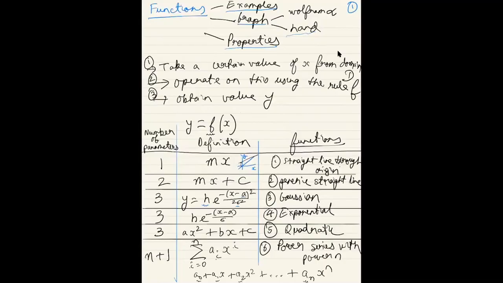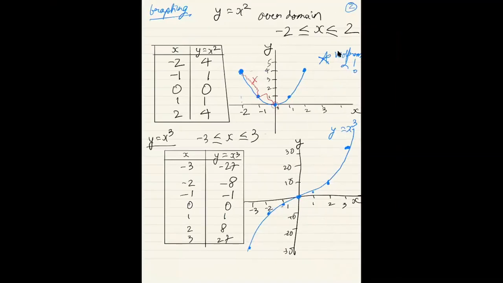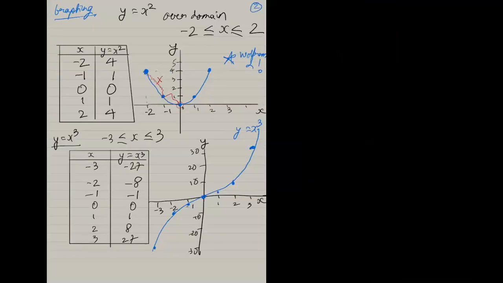So we did our graphs, and I want to mention some very generic properties of functions without getting into too much abstraction. So last time we mentioned that a function is y is equal to f of x, where x is in some domain D. And the values y that you get are in some range R. We did not really talk about examples of this domain and range.